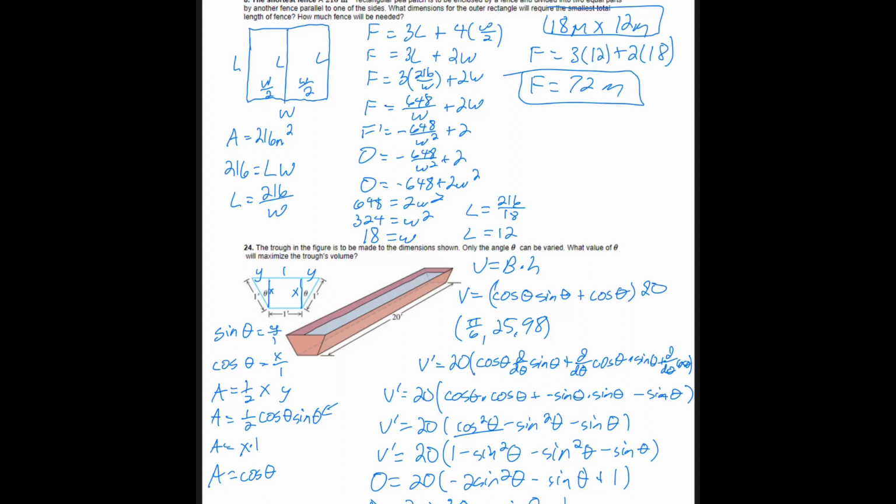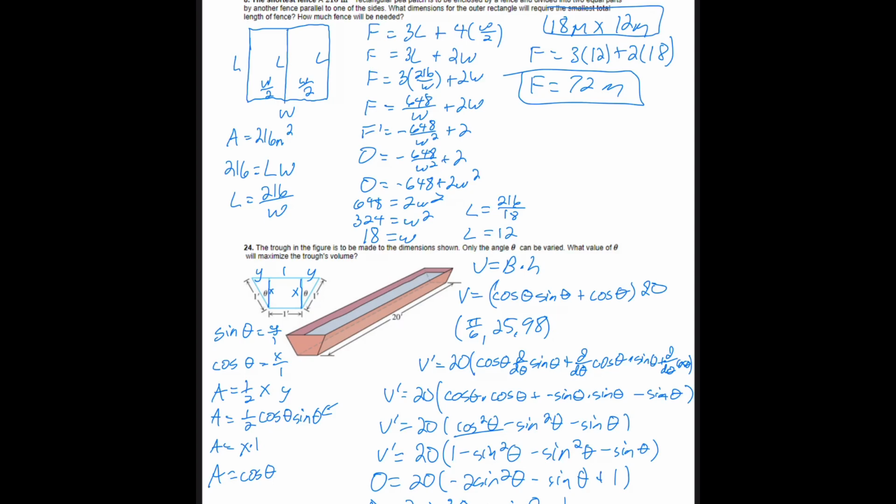And then, well, what you can do now is you can use the quadratic formula. So this looks like a quadratic, right? I've got something squared plus that same thing not squared plus a constant. So sine theta equals the opposite of 1, so negative 1, plus or minus the square root of 1 squared minus 4 times 2 times negative 1, all over 2 times 2.